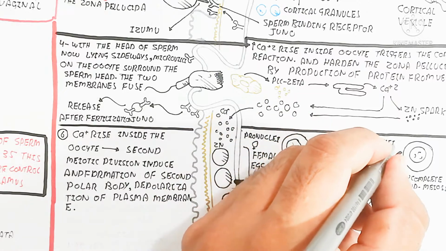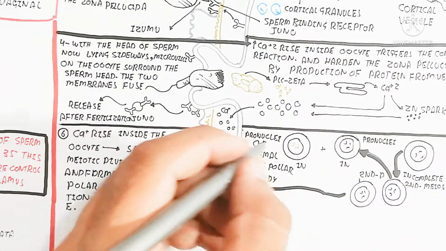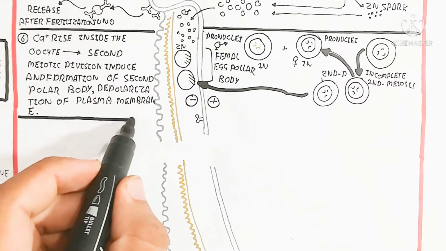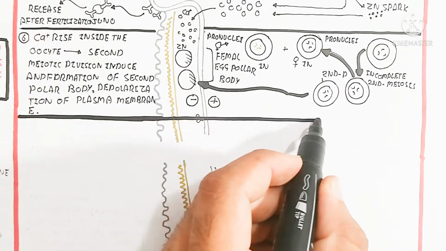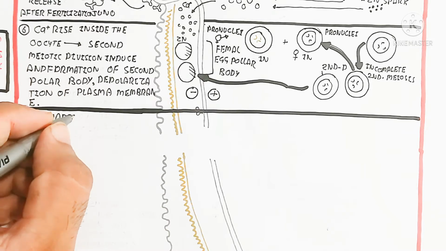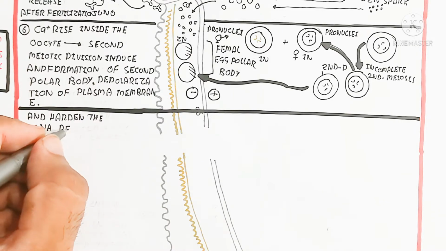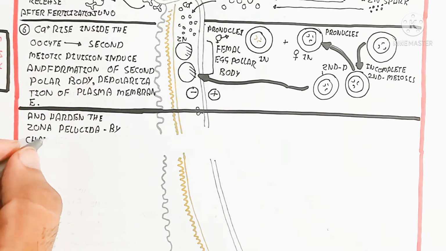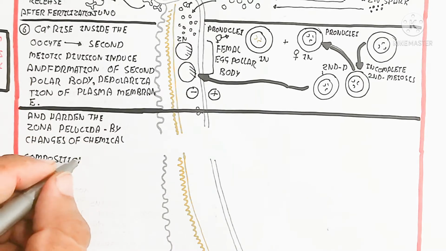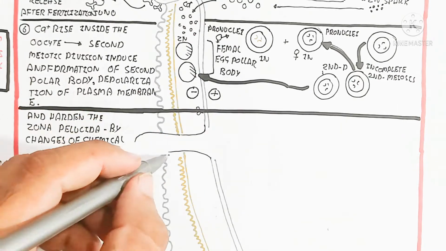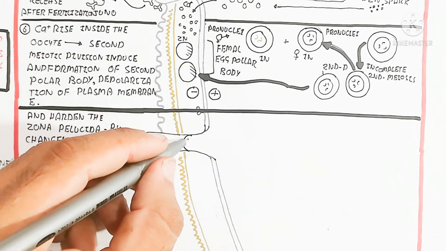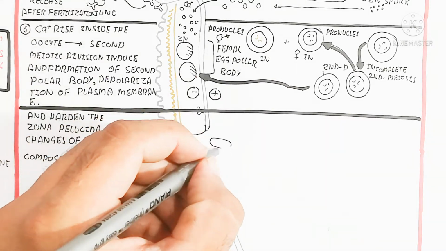Basically the male pronucleus and female pronucleus, after the second meiotic division, by the stimulation of the calcium rise inside the oocyte, will bind, bringing the two haploid gametes into the diploid zygote. We will discuss diploid zygote formation in this 7th step, and harden the zona pellucida by changes of chemical composition.